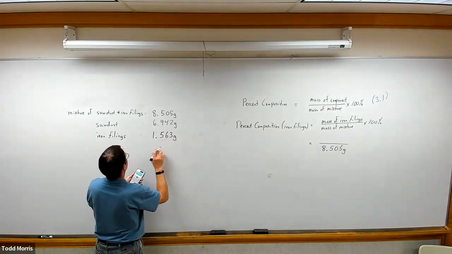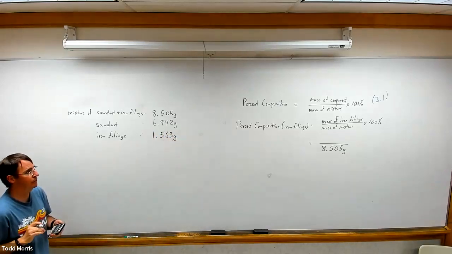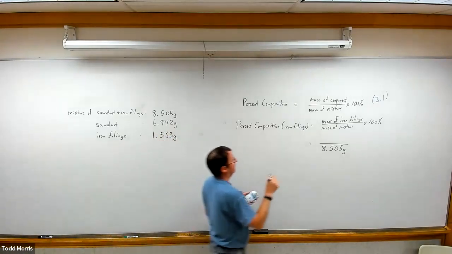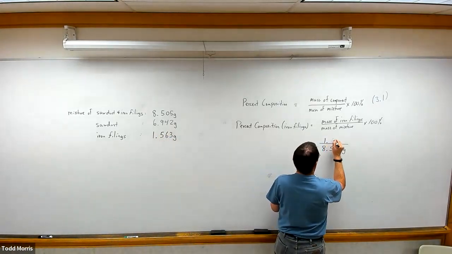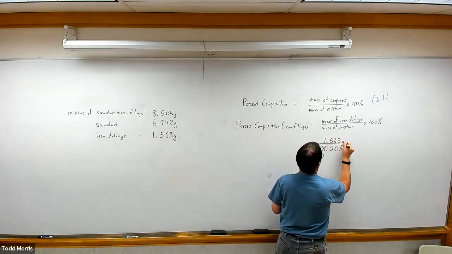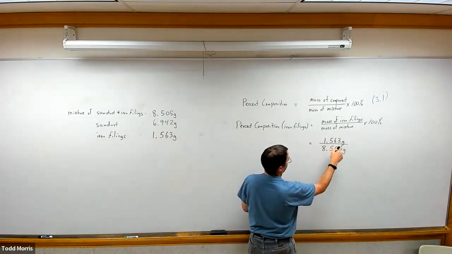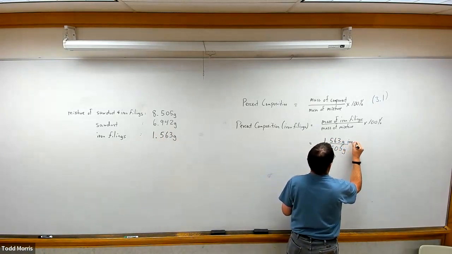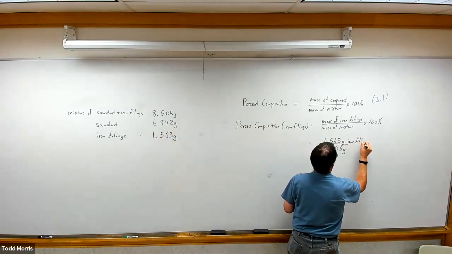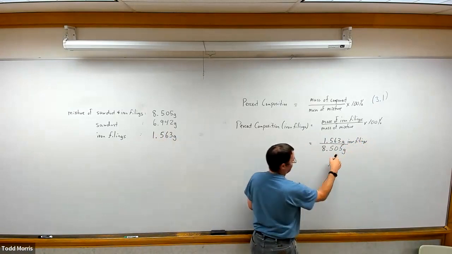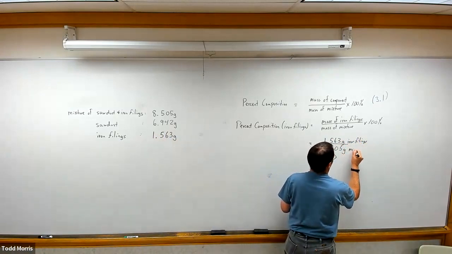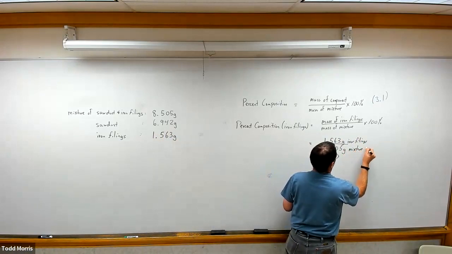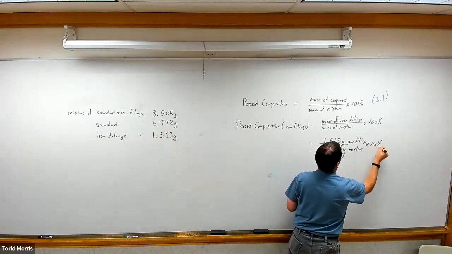And this number must be the mass of the iron filings removed. So that number is my numerator, 1.563 grams of iron filings compared to 8.505 grams total mixture mass, times 100.